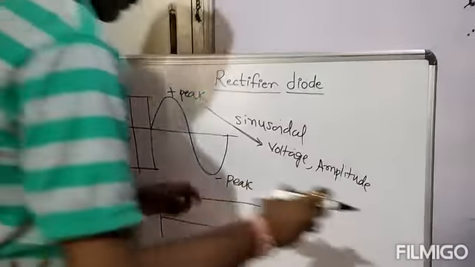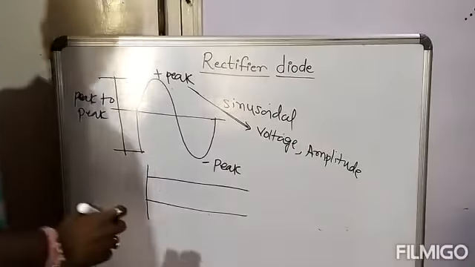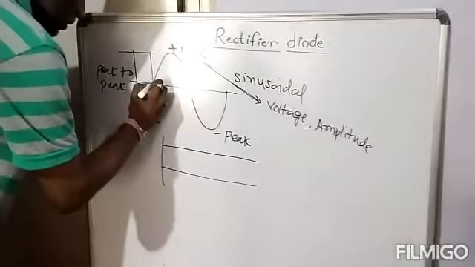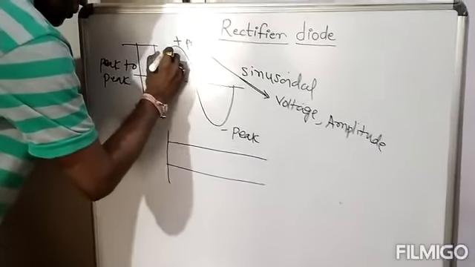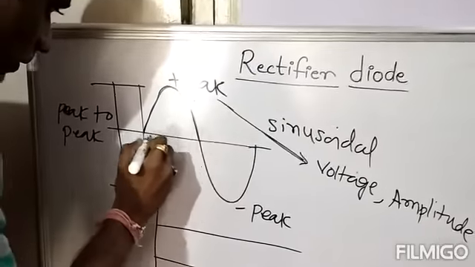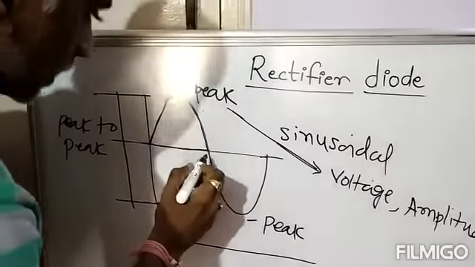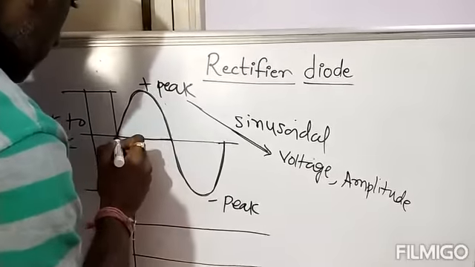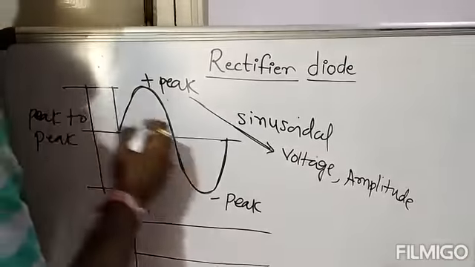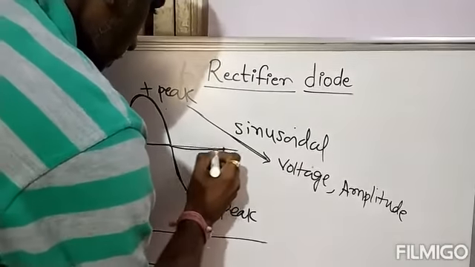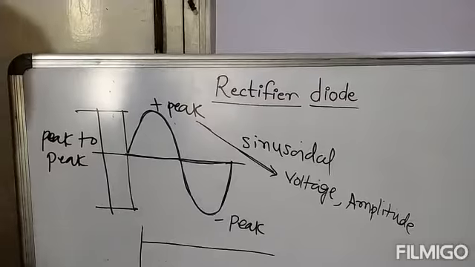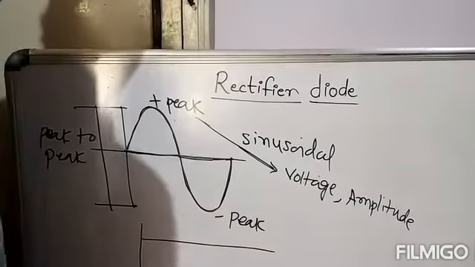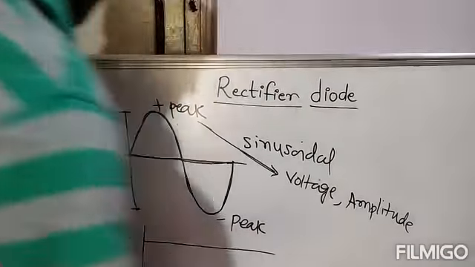Whenever we see the sinusoidal wave, it has a positive half cycle and a negative half cycle. This complete cycle, a positive half and a negative half, is a complete cycle for an AC supply.